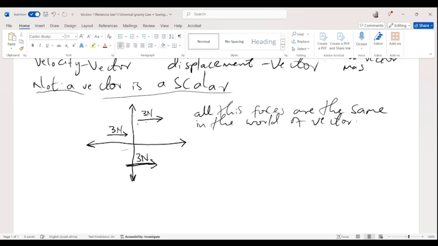Why do I say so? The direction is the same. They are going towards the same direction. The magnitude is the same, but they are at different positions. Nobody cares. As long as they have the same magnitude and the direction, they are the same. These are the same vectors.